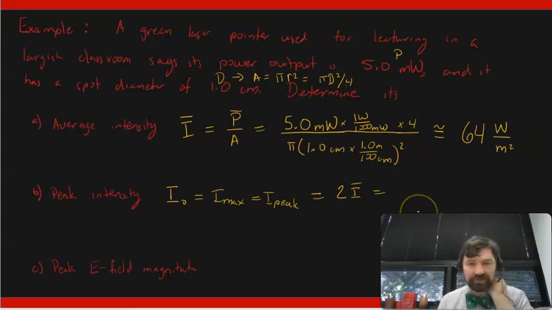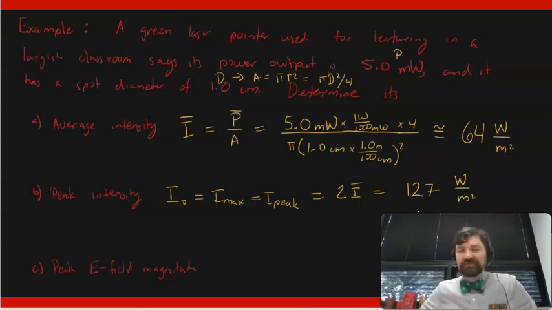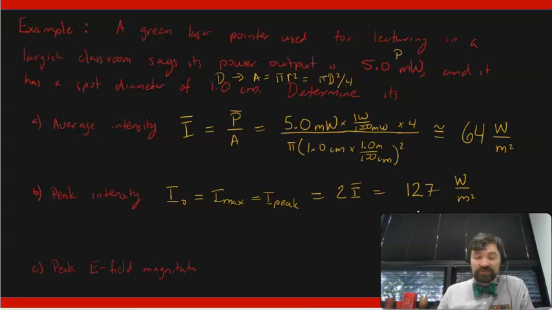So there's some rounding. We'll call it 127 watts per meter squared. If we really rounded it off to 2 sig figs, 130 watts per square meter. This would represent the maximum in time value of the intensity. So it fluctuates between 0 and this number in time.